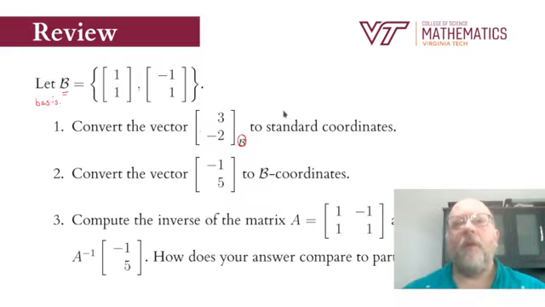And so that's saying that we take 3 units of (1, 1) and -2 units of (-1, 1) and combine those together, and we get 3 plus 2 is 5, and 3 minus 2 is 1.